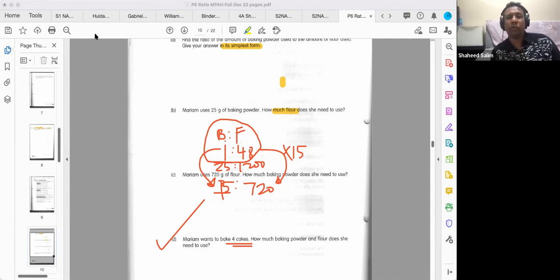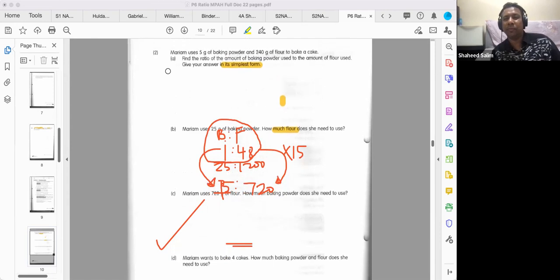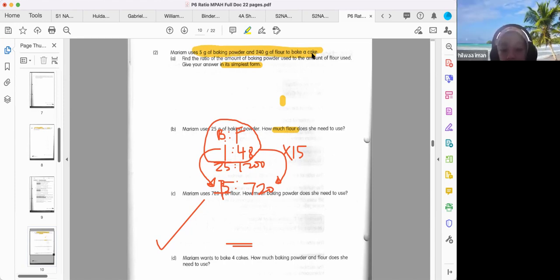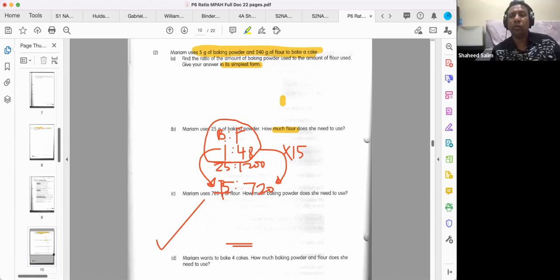Now we have to go back to the original question. To make 1 cake, it is this one. Read this one carefully. How much baking powder does she have to use? You times 5 by 4, 20. 240 times 4, how much do you get?